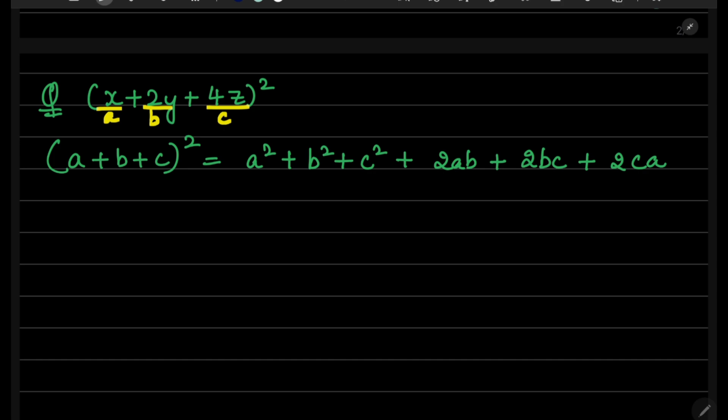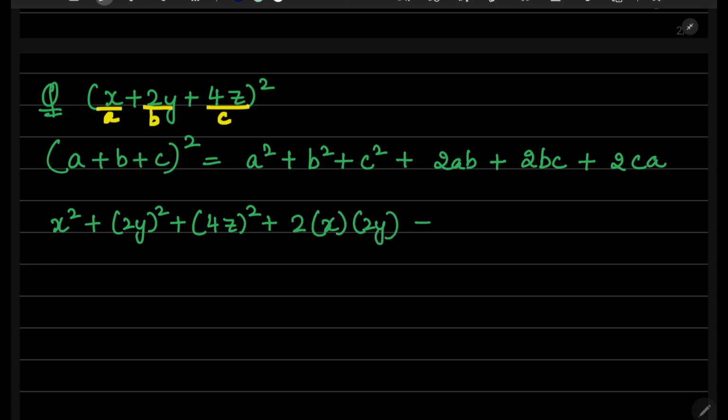So this is your a square, that is x square, plus (2y) the whole square plus (4z) the whole square plus 2 into a into b. A is x, b is 2y, plus 2 into b into c, which is 2y into 4z, plus 2 into 4z into x. Just solve it.